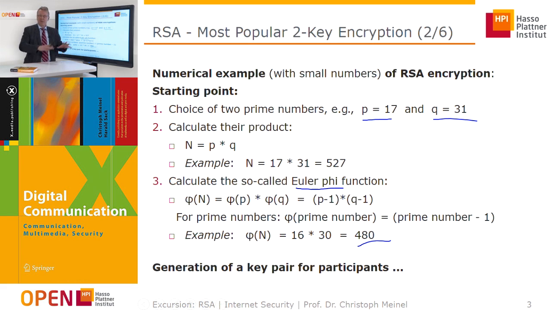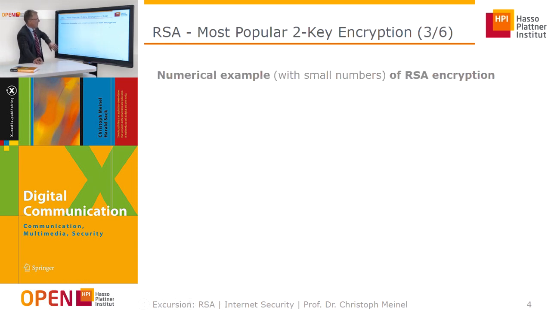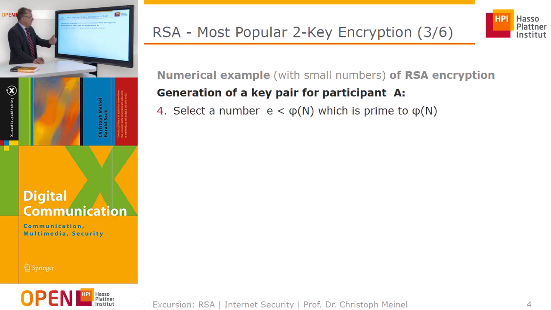Now, next step. This is to install what we need. Now we have to generate key pairs for participants. So let's compute a key pair for a participant A. The idea is to select a number smaller than the Euler phi function of n, and which is coprime to it, meaning there is no common factor except one.